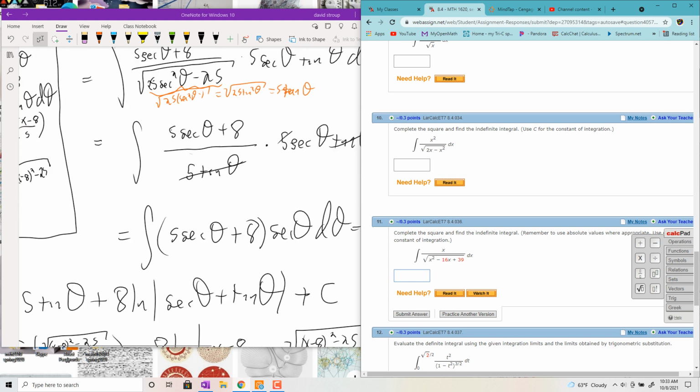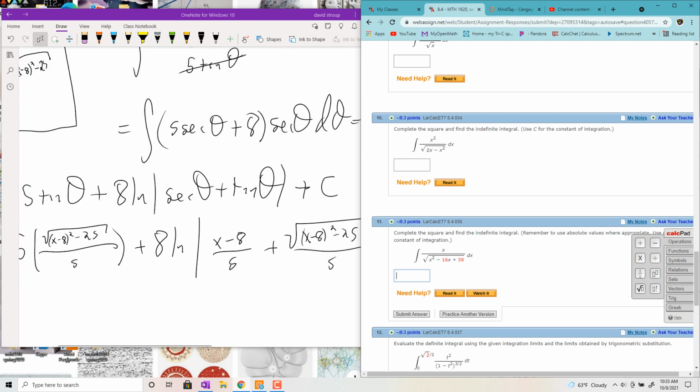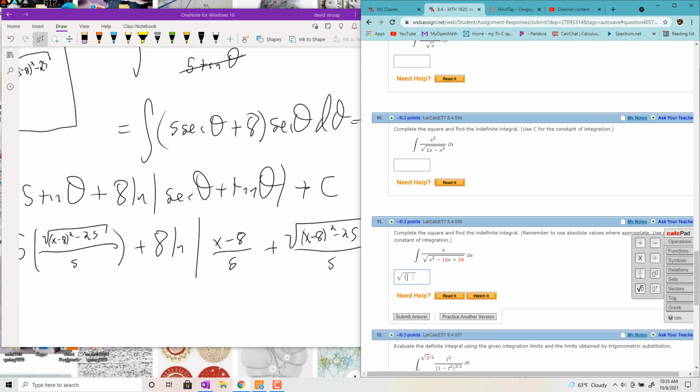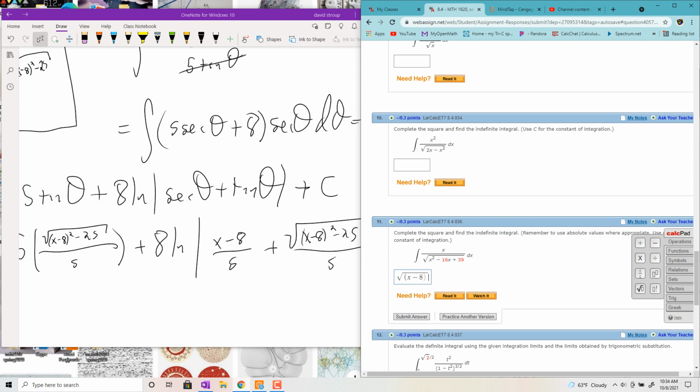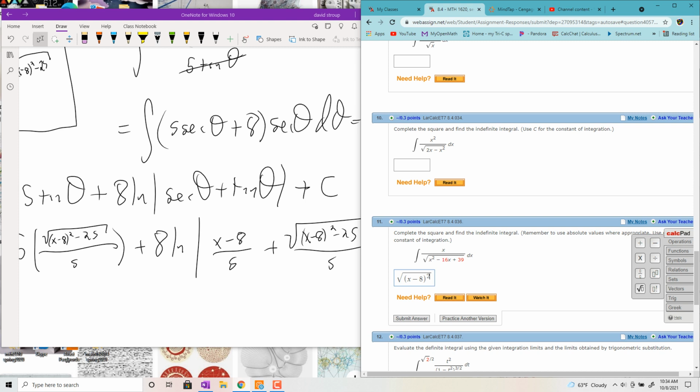I don't know which one I'm even doing, number 11. 5s cancel in the first part, so you get the square root of x minus 8 squared minus 25, and then plus 8 ln of the absolute value.